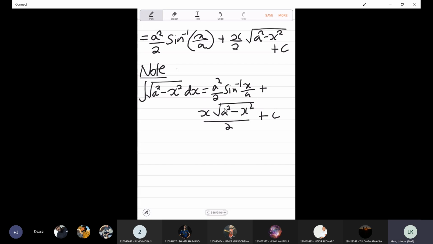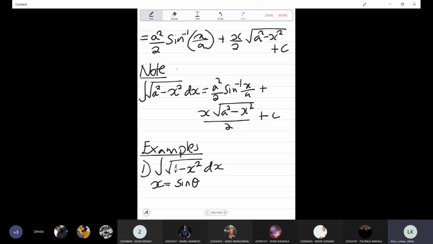So now we have some examples. We have the integral of the square root of 1 minus x squared dx. So we will have to make a substitution. So we let x equal to a, our a over here is 1, so it's 1 sine theta, which is just sine theta.